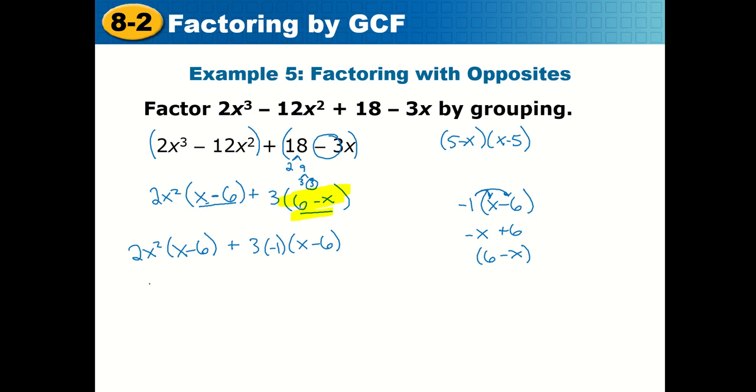So then you have 2x squared times x minus 6 minus, or plus, you could do plus a negative 3 times x minus 6. So then we can factor out our x minus 6, and then we're left with 2x squared minus 3. I'm going to lose this plus.